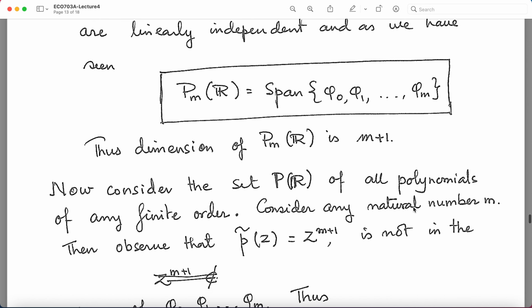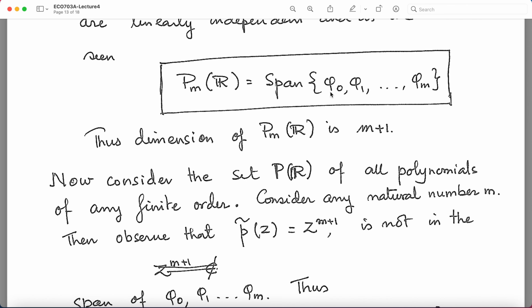Suppose you take phi_0, phi_1, phi_m, does it generate all elements of P(R)? No, because it does not generate a monomial like z to the power m plus 1, since there are no elements here that will generate it.